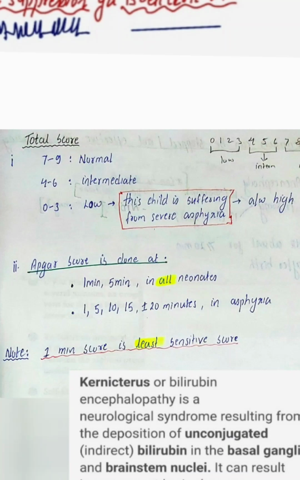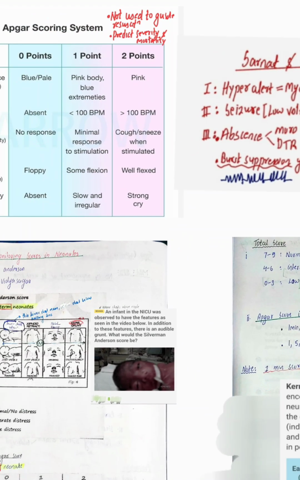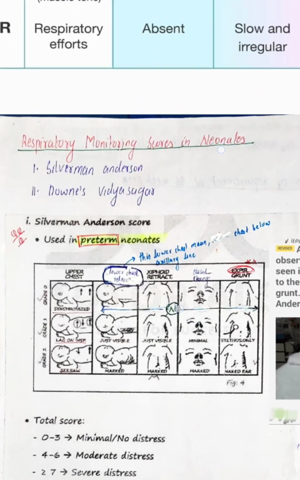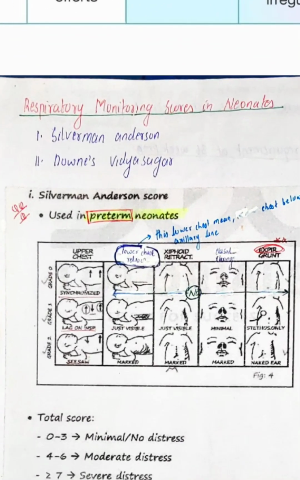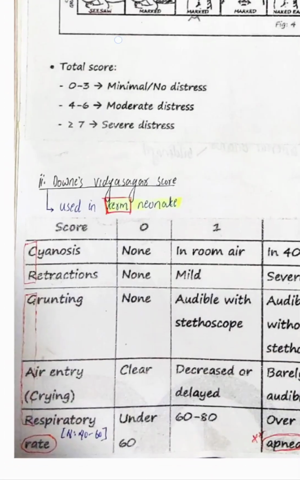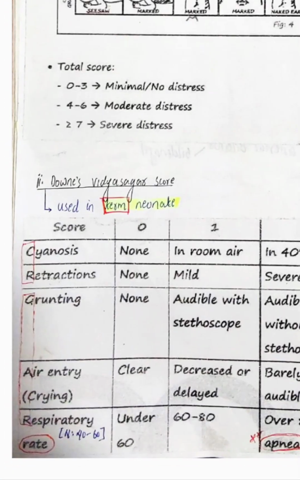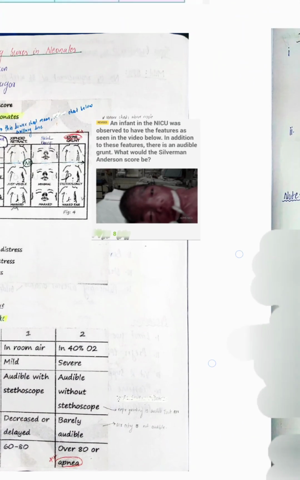The Apgar score can be done for healthy and unhealthy babies, term and preterm. But the Silverman Anderson score is done only for preterm babies, and the Downey Vidyasagar is done only for term babies.